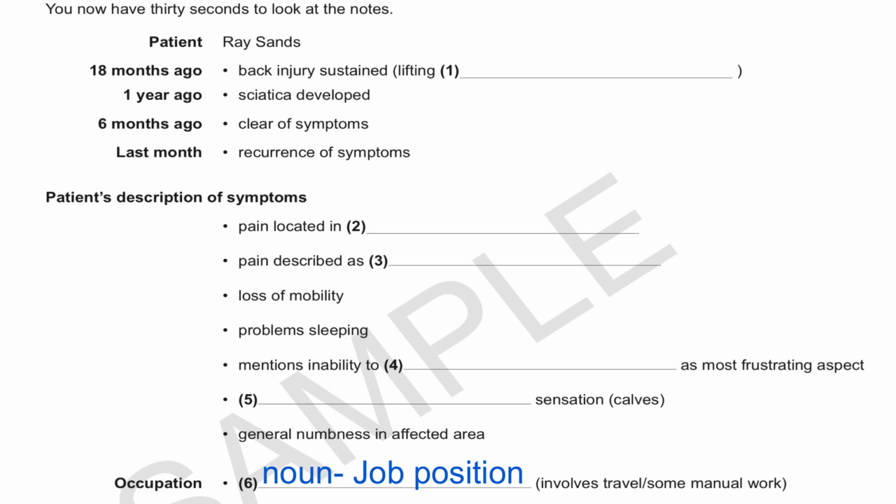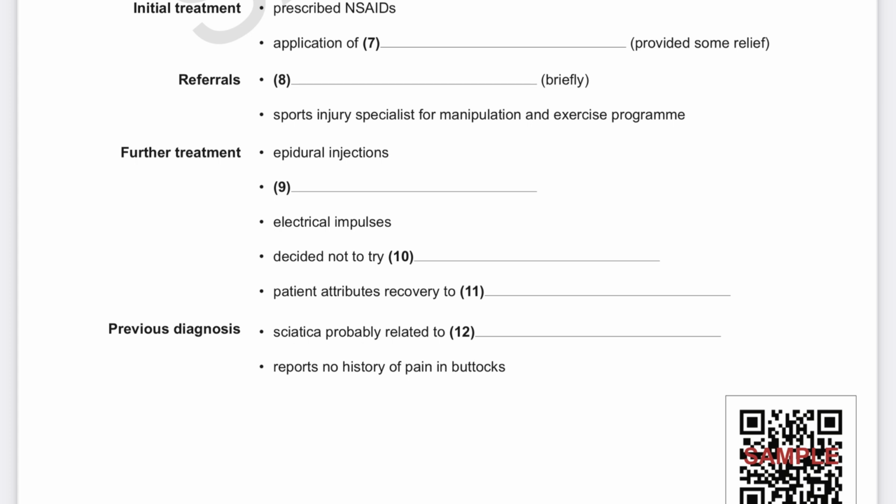Listen for that. Number 7, application of blank that provided some relief. So this could be a hot compress or a pain relief cream, something that you are applying. Number 8, referrals. So this is a kind of a specialist.